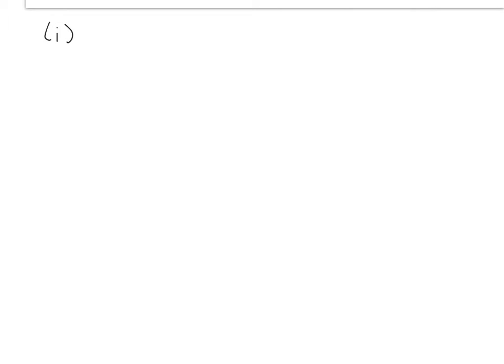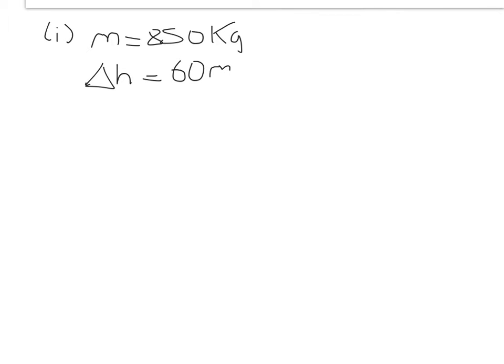Let's identify some key information. We've got mass of 850 kilograms. We've got a change in height of 60 meters. And we've got a time of 20 seconds.